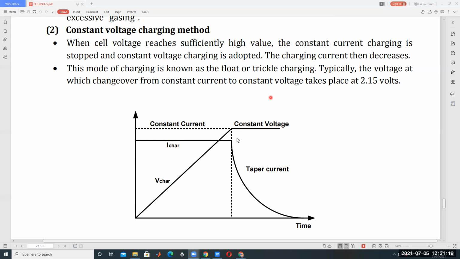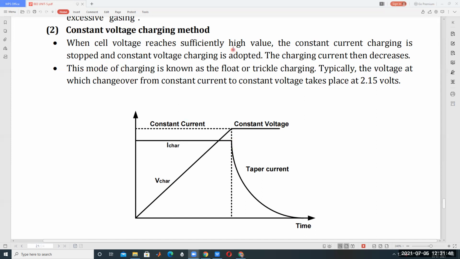First, we maintain the current of the battery constant. After that, the voltage is maintained constant, and the current slowly decreases like this. Once the battery is charged to full voltage, the current keeps decreasing in this manner.